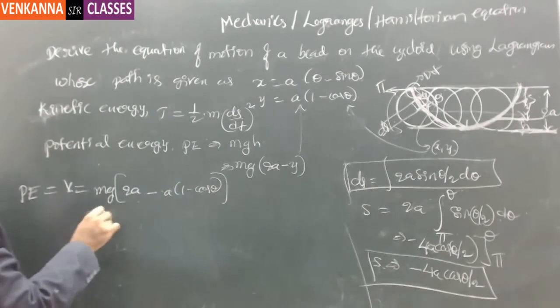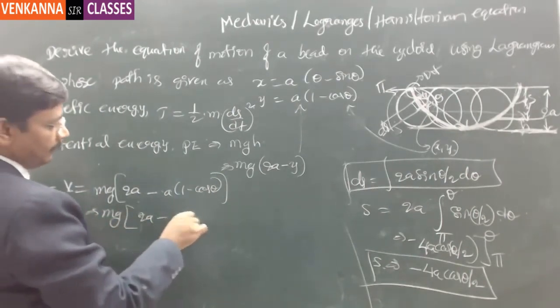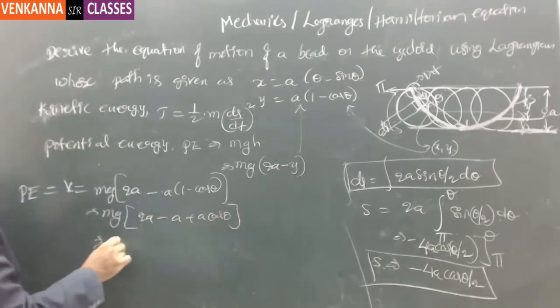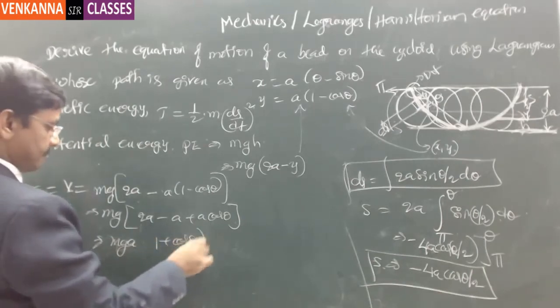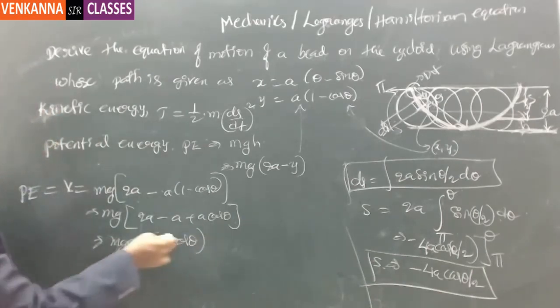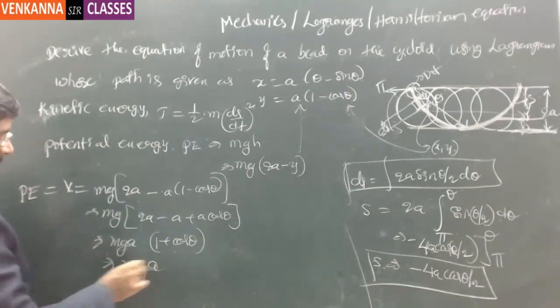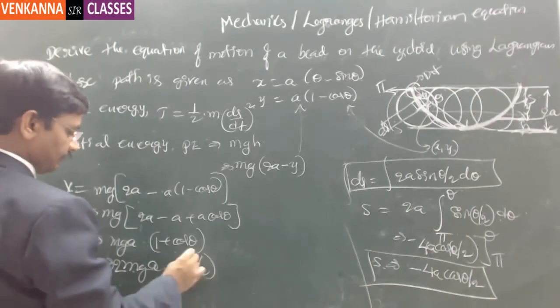So this is mg into 2a minus a plus a cos theta, which is mga times 1 plus cos theta. Now 1 plus cos theta can be written as 2 cos square theta by 2, so mga into 2 cos square theta by 2.